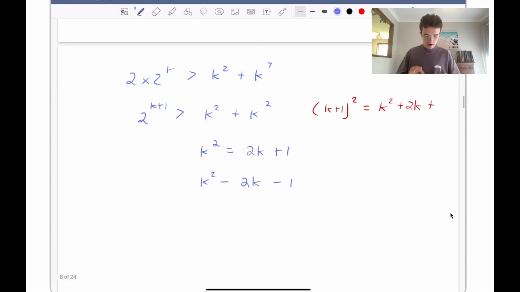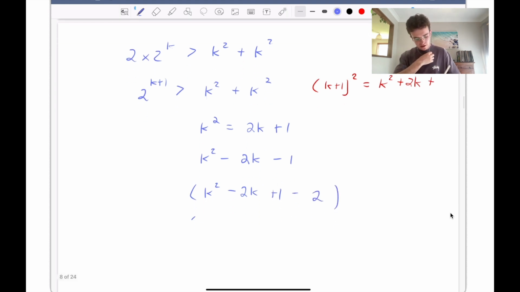We want to know it has to be greater than 0 because we want to try and put it in here. So I could say that this is equal to k squared minus 2k plus 1 minus 2. Seems a bit random, but let's just pretend we're completing the square. So this is (k minus 1) squared minus 2.